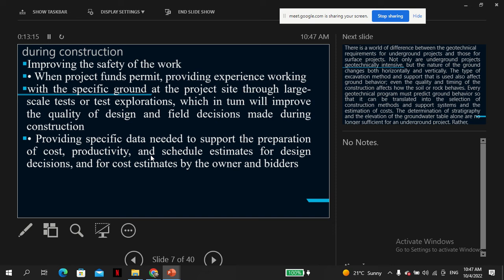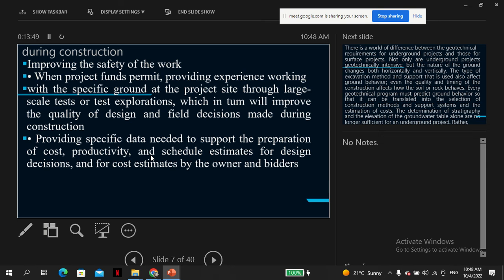During construction, improving the safety of the work is of course the primary thing. So when project funds permit, providing experience working with specific ground at the project site through large-scale tests or test exploration, which in turn will improve the quality of design and field decisions made during construction. You also provide specific data needed to support preparation of cost, productivity, and schedule estimates for design decisions.